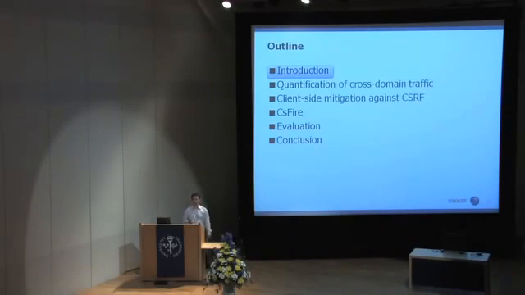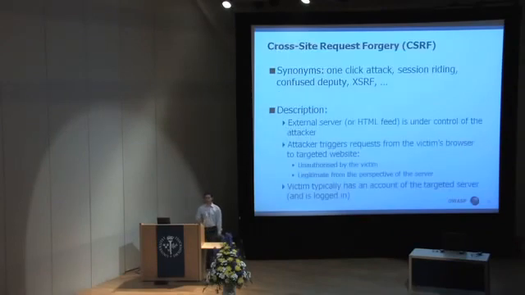But as promised, I will give you a little introduction on cross-site request forgery. It has many synonyms, but the baseline is some HTML feed is under control of the attacker. It could be that the attacker owns its own server or hacked into a server, and that HTML feed is presented to the victims. That HTML feed triggers end users in sending a request to a targeted server.